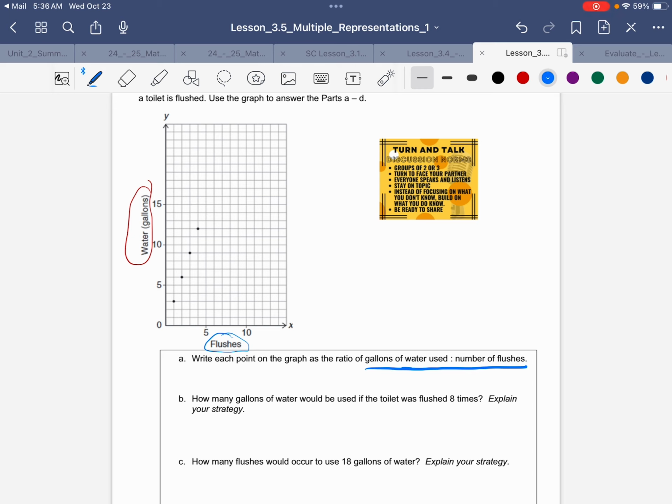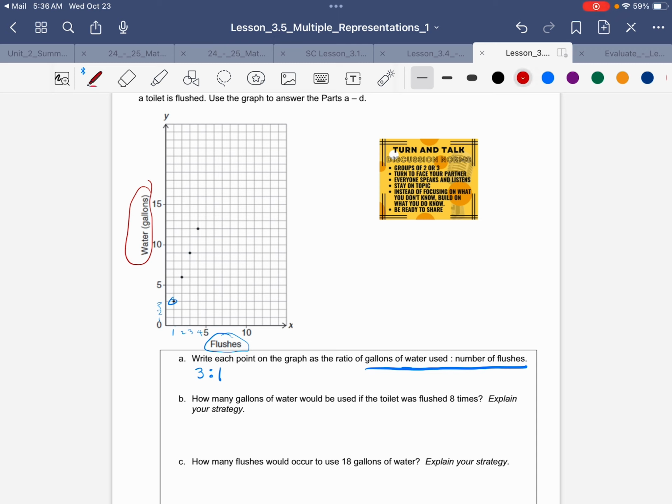So first, our first point here, this is 1, 2, 3, 4, yep, 5. So this is 1, this is 1, 2, 3. So our first point is we used 3 gallons for 1 flush. That's this point here.